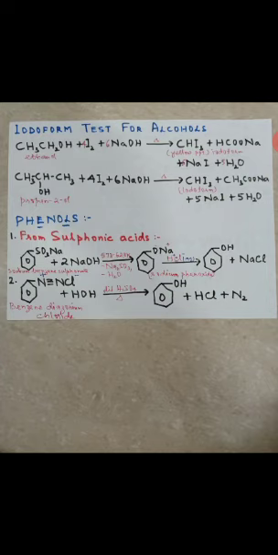Now next is methylated spirit or denatured alcohol. Listen carefully. Alcohol used for making beverages, for drinking purposes, is ethyl alcohol. That is also used in industries.